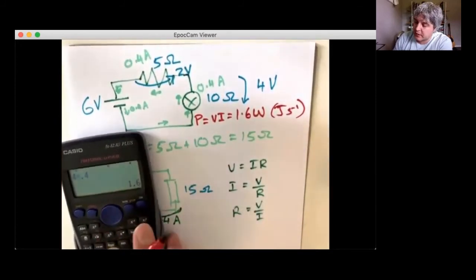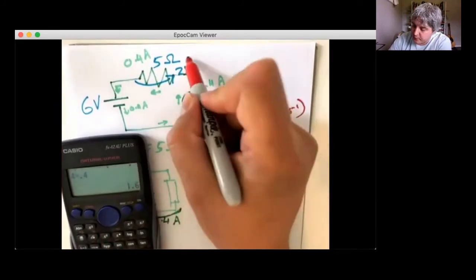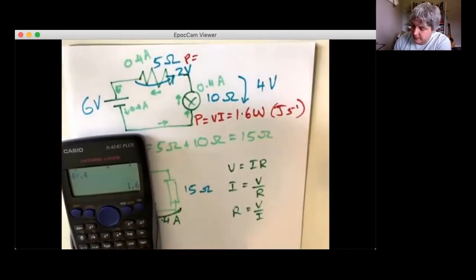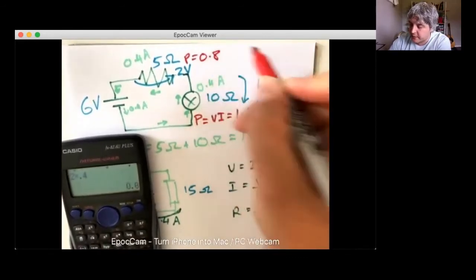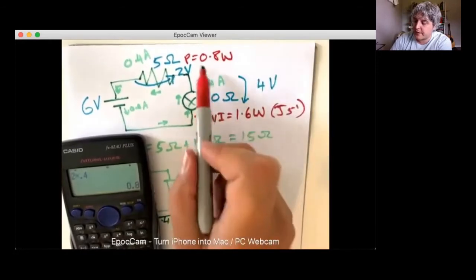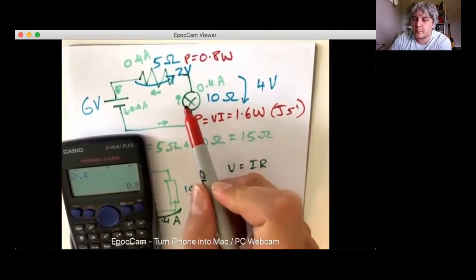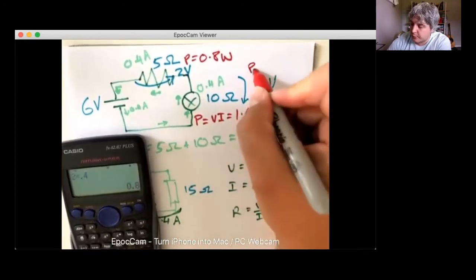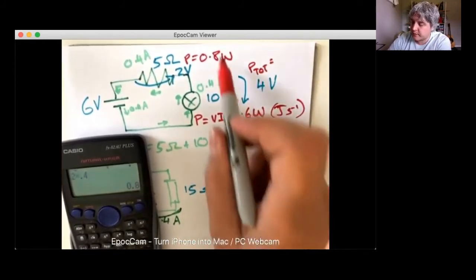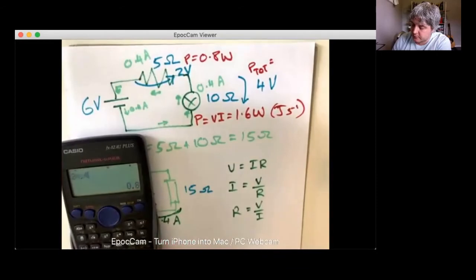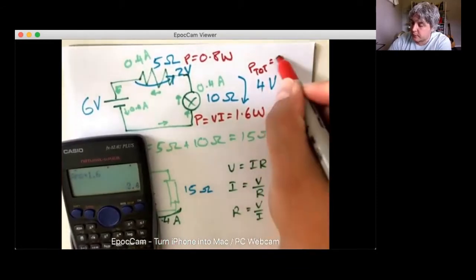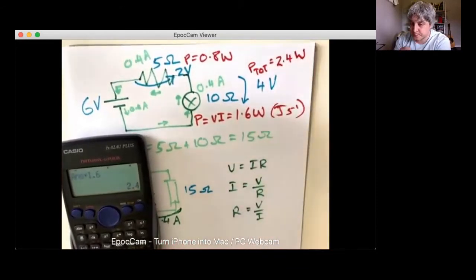And similarly with the resistor, we have exactly the same idea, voltage times current. Now the voltage is only 2, but the current is still 0.4, so we have 0.8 watts, right? So 0.8 watts being used up here, 1.6 watts being used up in this light bulb, and that gives us a total power of 1.6 plus 0.8, so 2.4 watts.